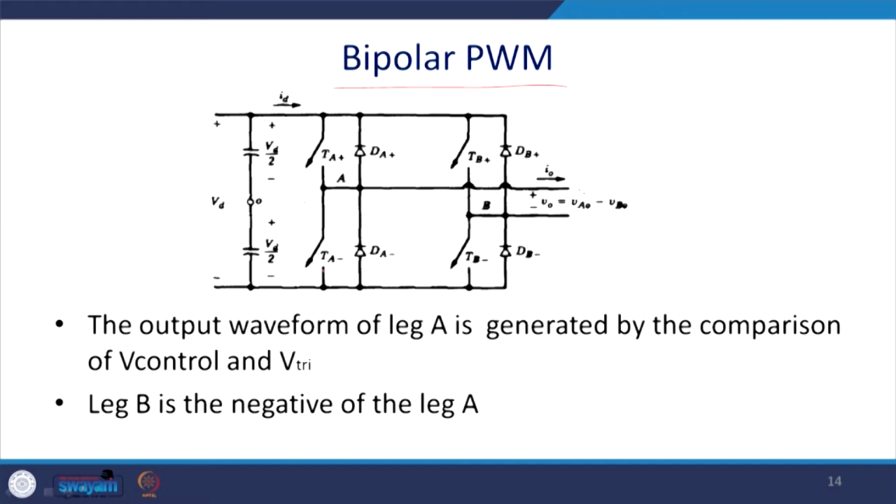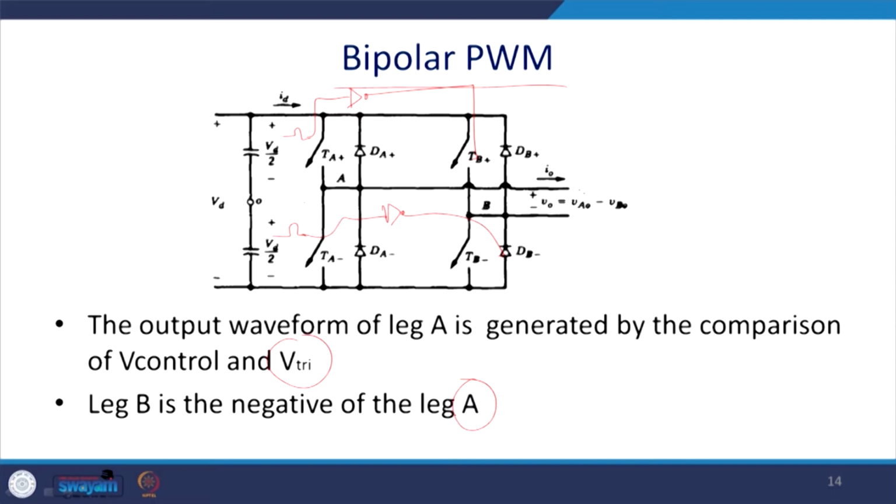In this case the output waveform of leg A is generated by the comparison of V control and V tri, and leg B is the negative of leg A. That means whatever pulses you give here, you feed to a NOT gate and give it here. If this one is on, this one is off. So leg B is the negative of leg A.